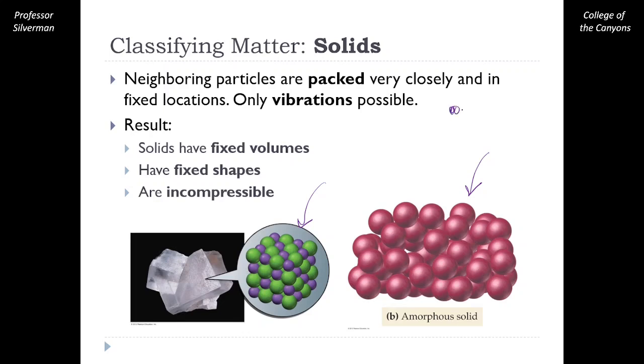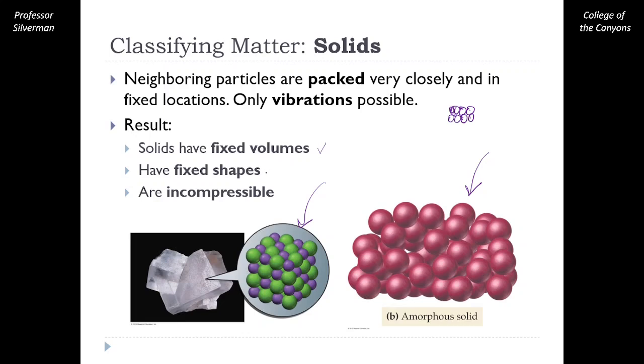Because our atoms are packed together as tightly as possible, our solids are going to have a fixed volume. You can't make them any smaller because they're already touching each other. And you're not going to make them much bigger because then it wouldn't be a solid anymore. We need to have those atoms touching against each other, held together rigidly.